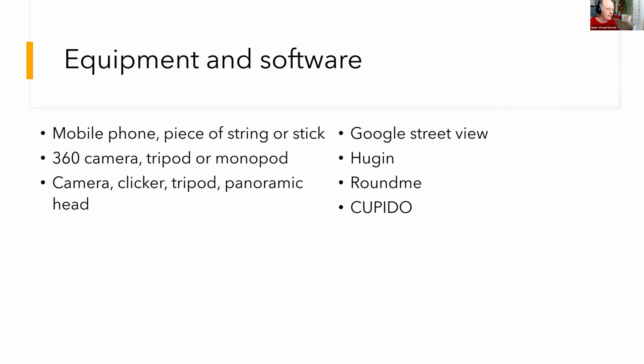Now, 360 cameras vary a lot in price, from like £100 up to £60,000. So my strong advice would be to avoid both of those extremes. You can get a good 360 camera that will work well for you, that will do HDR, let you do underwater and do good video, for around £400.